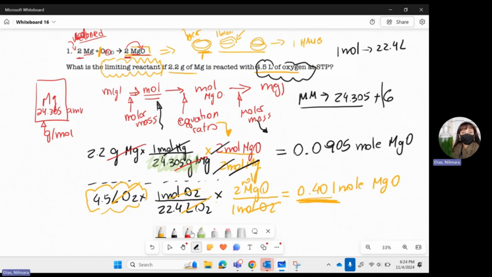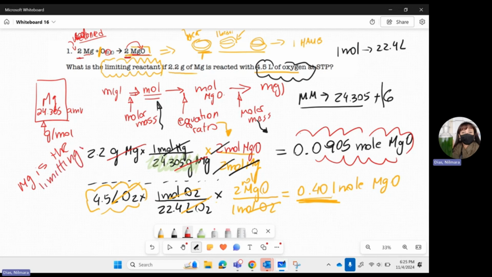So the maximum I will produce is 0.0905. So magnesium is the limiting reactant, okay? And the oxygen is the excess.